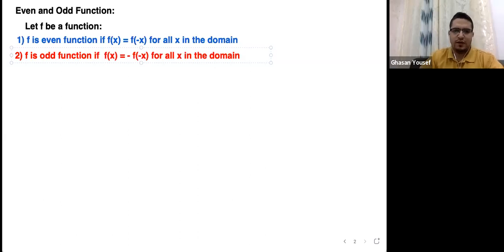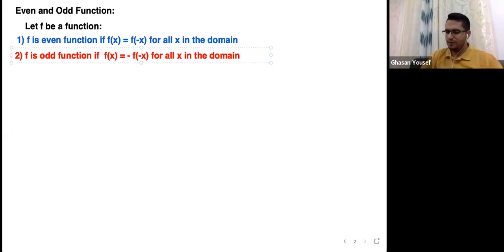Both of them correct. So we can check f of x equal the minus of f of minus x, or we can say minus f of x equal f of minus x. Both of them correct. But I like this form because it's easier to check the function and it's faster to check the function when you're doing this one. I'm going to explain more about this by the examples below.